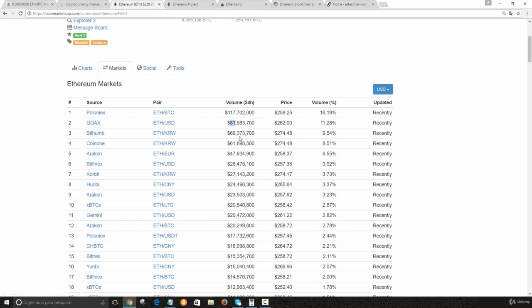GDAX, the traded volume for Ethereum was $81,983,000. And the price at GDAX is $262. So this corresponds to 11.28% of the market, of all the traded volume. At BitHump, another $69 million were traded. At Kraken, there was also $47 million in trading.